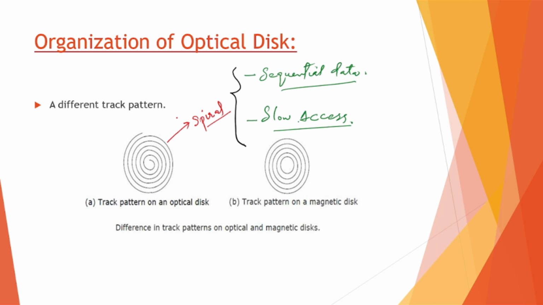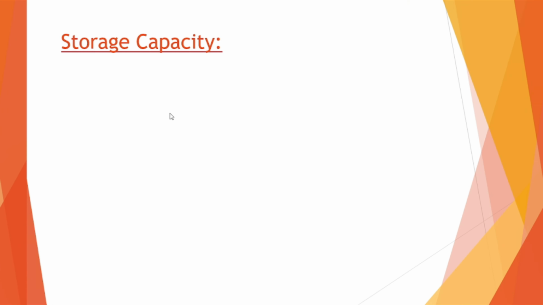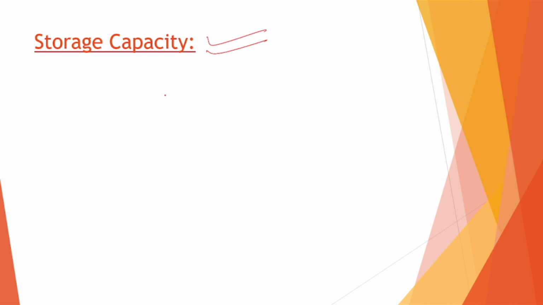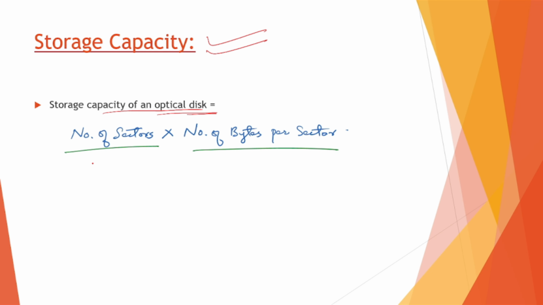Now we will be talking about the storage capacity, how we can calculate the storage of an optical disc. In the last video we saw how to calculate it for magnetic discs, but in this case we will be talking about optical discs. The storage capacity of an optical disc is always equal to the number of sectors multiplied by the number of bytes per sector.